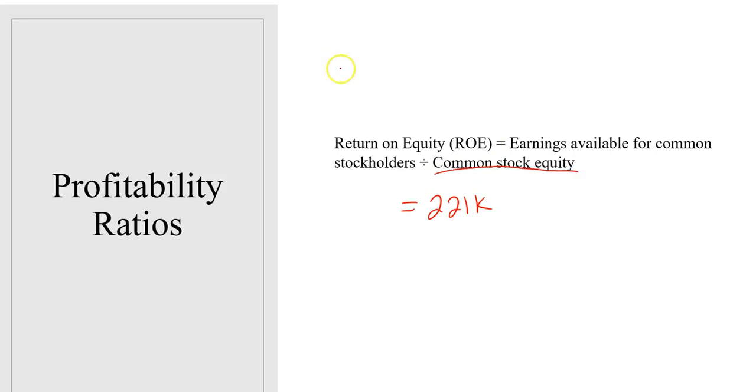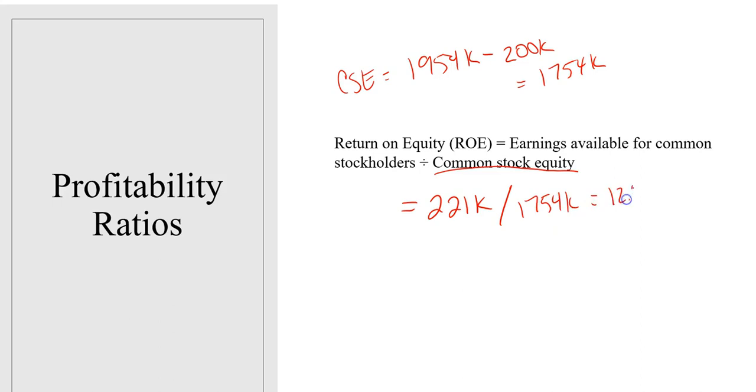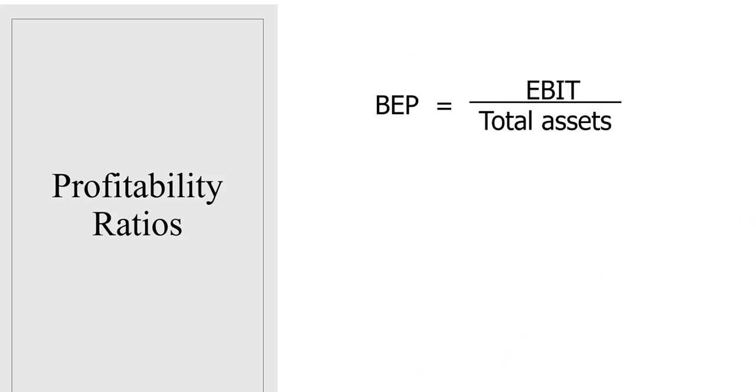To calculate common stock equity, we take total equity, that's $1,954,000 on your balance sheet, on your financial statements, and we subtract from that the preferred stock of $200,000. So that gets us $1,754,000. So we divide our 221 by 1,754,000, and that gets us 12.6%. Again, that needs to be judged in relation to the industry.